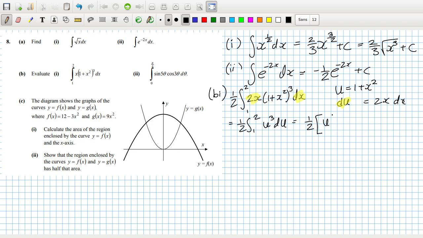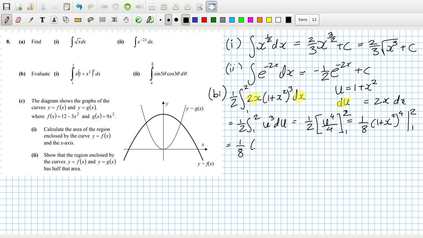which is a half u cubed, which will be u4 over 4. So that's an eighth, 1 plus x squared power 4, 1 to 2. So I'll put 2 in first. 2 squared is 4, plus 1 is 5.